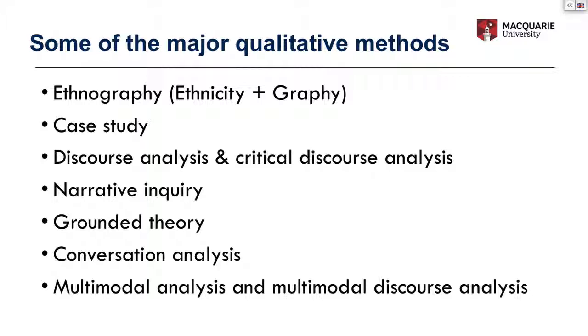Depending on the researcher's orientation and the purpose and research questions, any of these qualitative research methods could be used in order to collect and analyze data and provide an explanation about the object of the study.